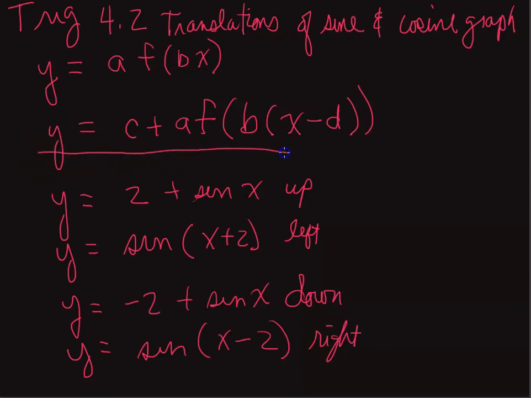We can use this to help us graph. And this is what I'm going to ask for also. Y equals c plus a f of b times x minus d. Let's put that on its own page.